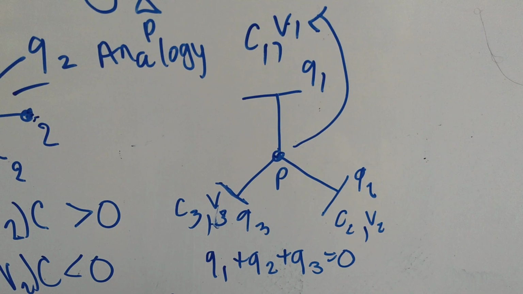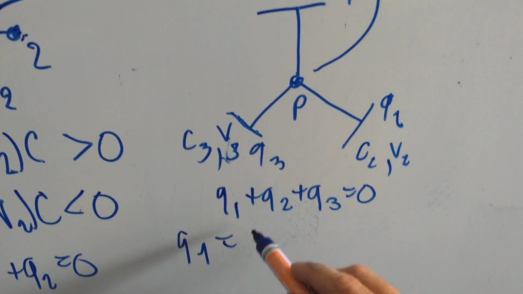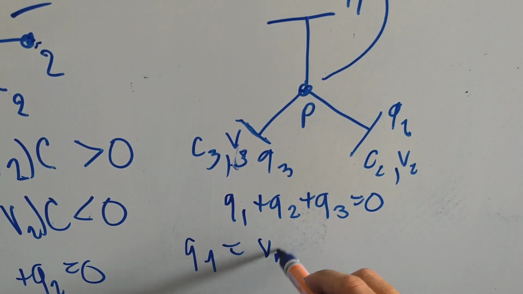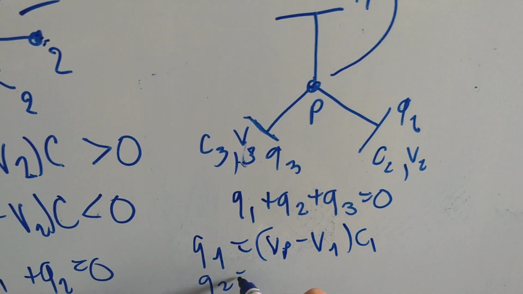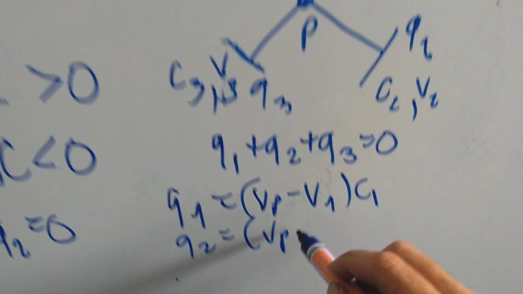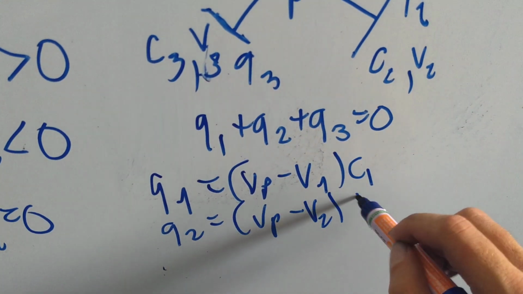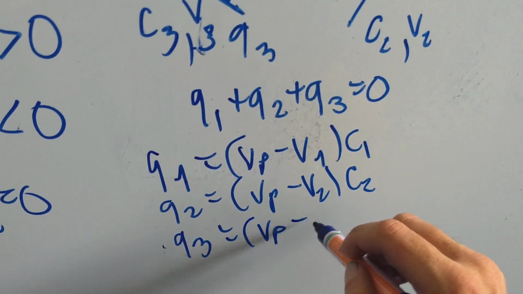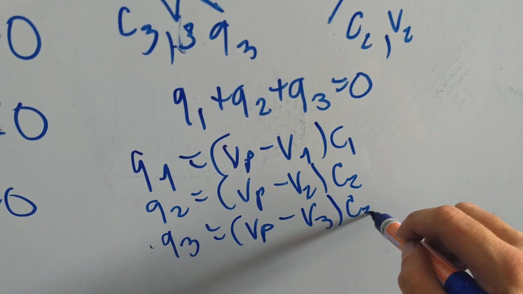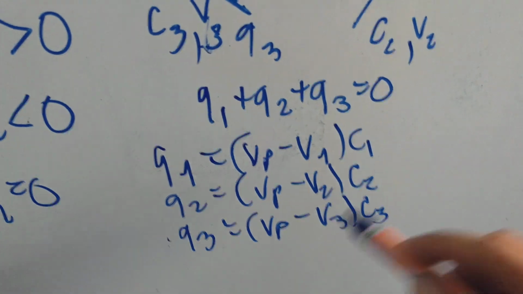Make sure you know that convention. So Q1 is VP minus V1 times C1, Q2 is VP minus V2 times C2, and Q3 is VP minus V3 times C3. When I add all these things together, it adds up to 0.